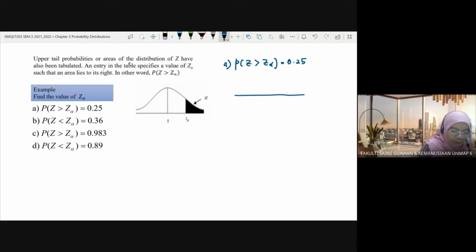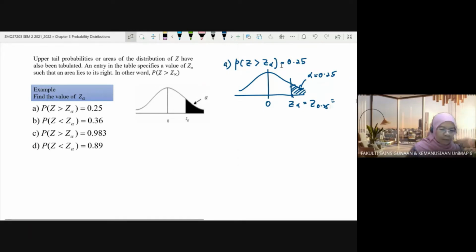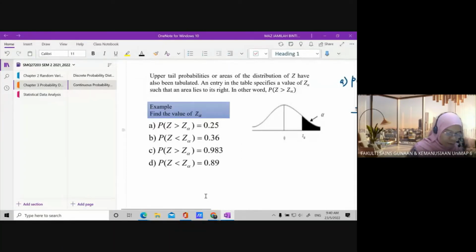If I draw, this is 0, and this is my alpha, 0.25. So what is my Z alpha here, or Z 0.25? Look at our table, 0.25.